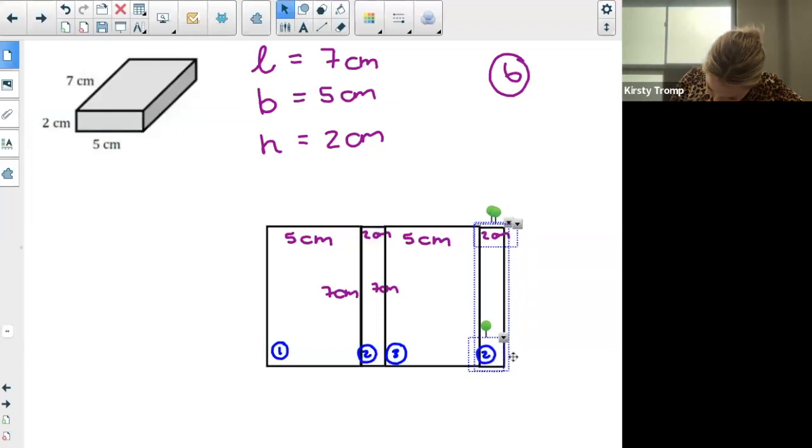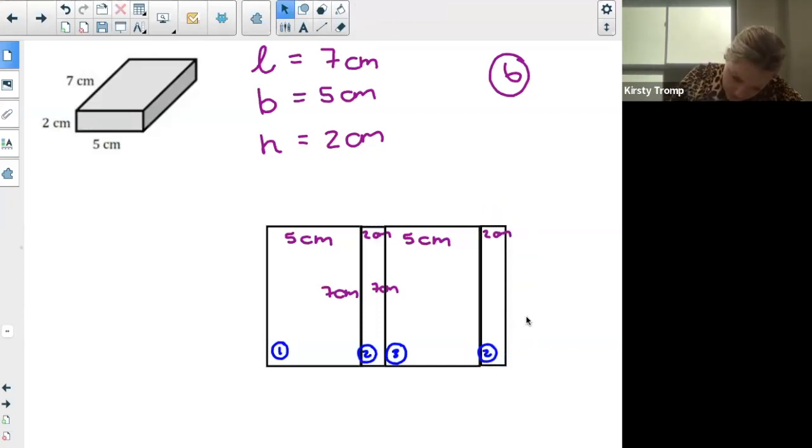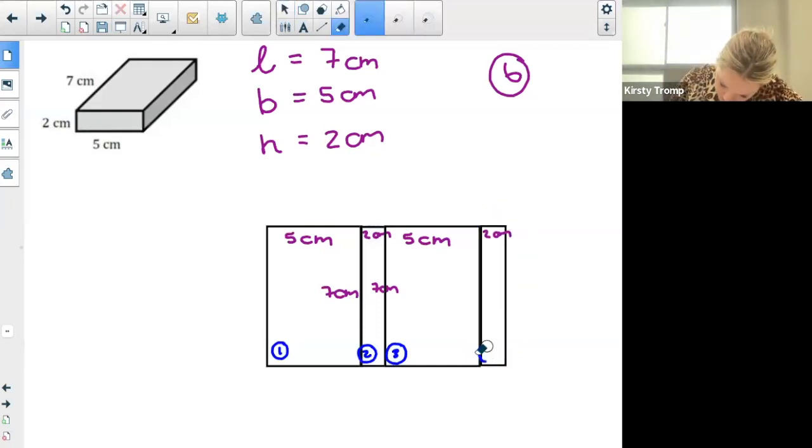I'm bringing side 4 in here. Try and line it up as best as possible. There we go. This is my side 4, guys.